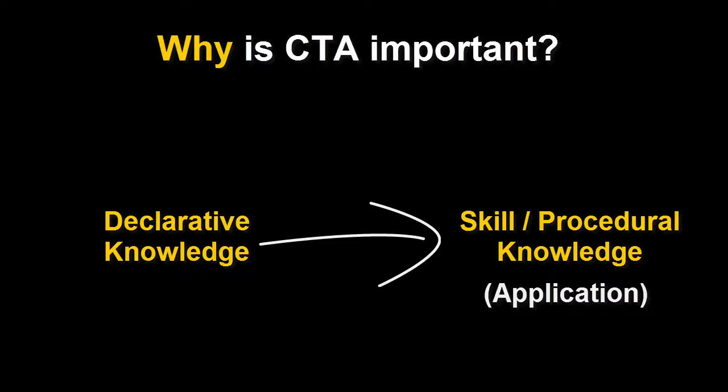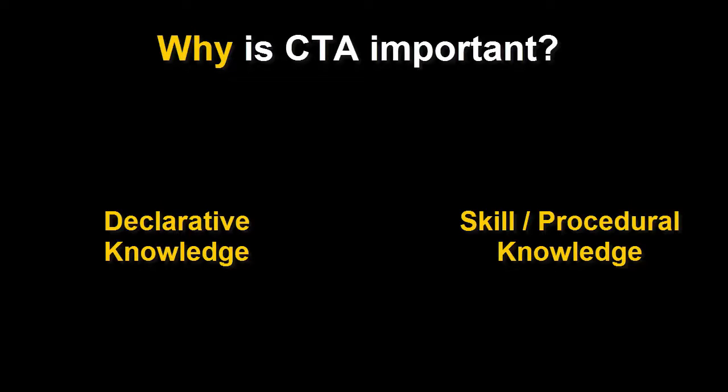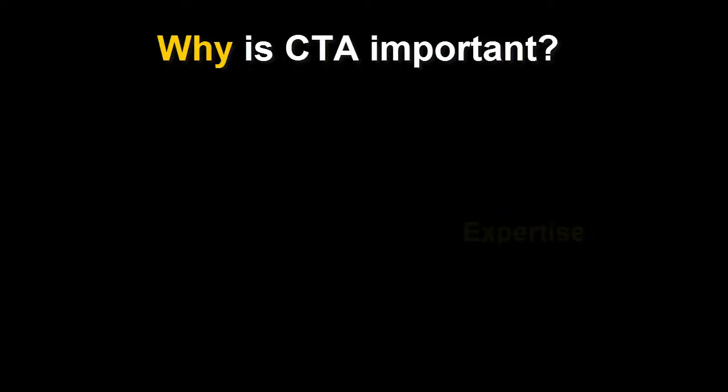It's actually performing a step. So procedural knowledge and declarative knowledge are two types of knowledge, and declarative knowledge forms the foundation for procedural knowledge. Procedural knowledge then is what you do or apply.